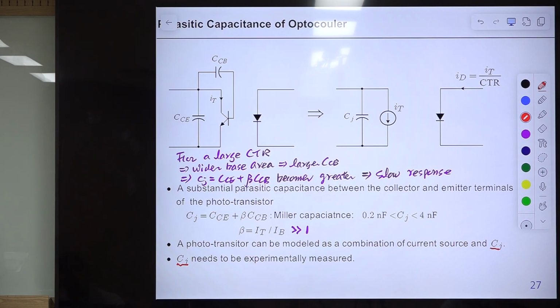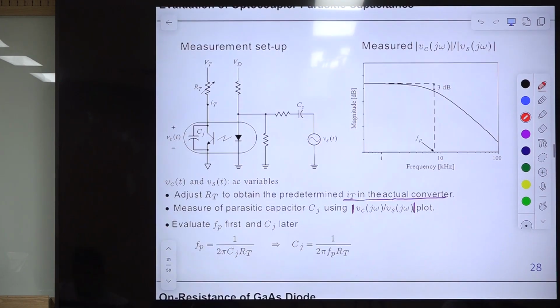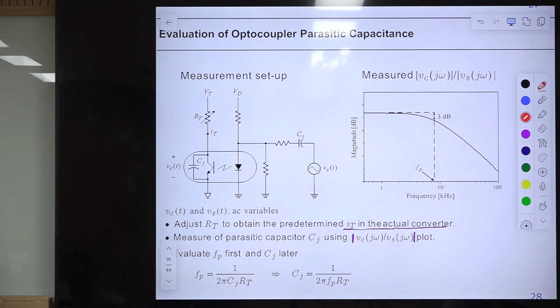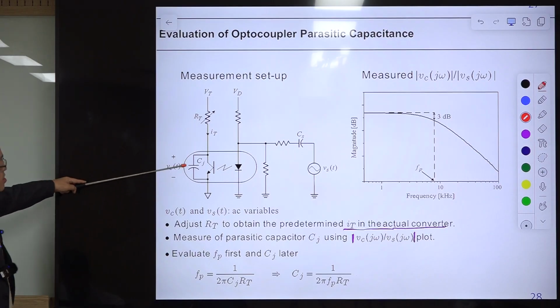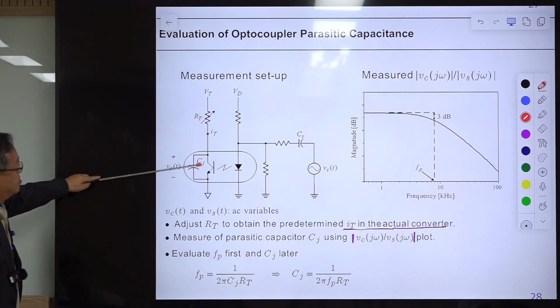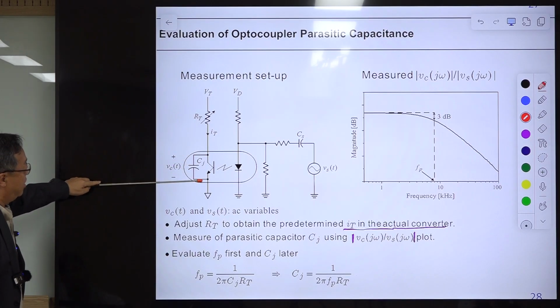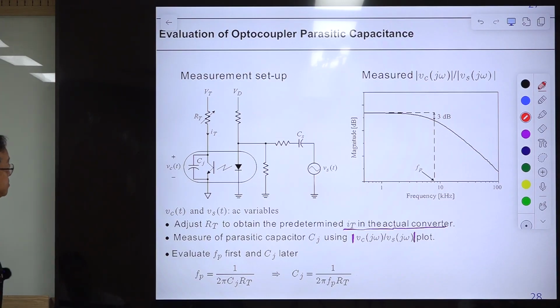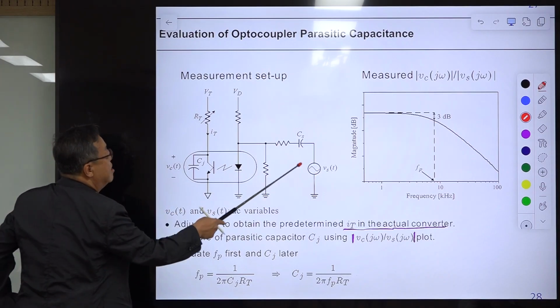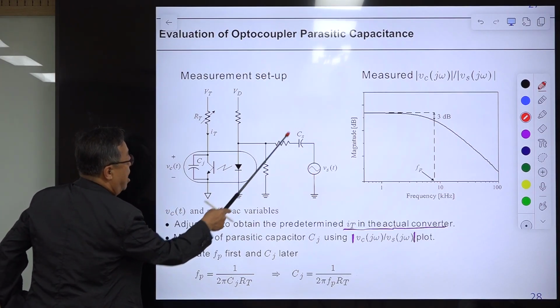Okay. So this is the simplified circuit diagram to measure the value of the parasitic capacitance CJ. This is the effective parasitic capacitance seen by this collector and emitter terminal. Okay, so this is the setup, and this is the AC signal. So the AC signal is coupled with this.